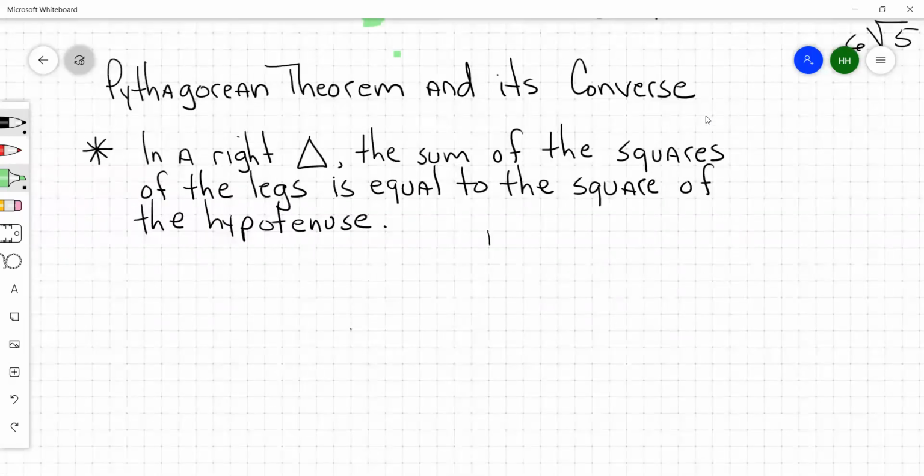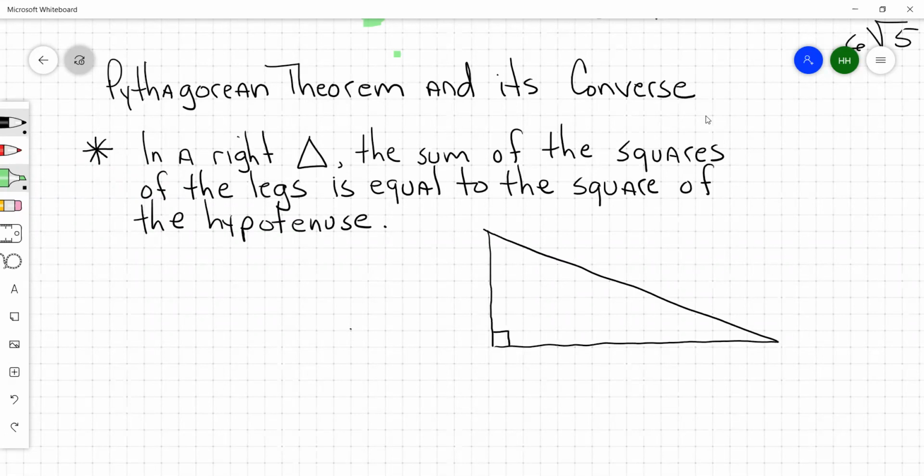So if you've got a right triangle, and if the triangle is triangle ABC, capital letters, then the sides opposite those vertices are the lowercase corresponding letters.